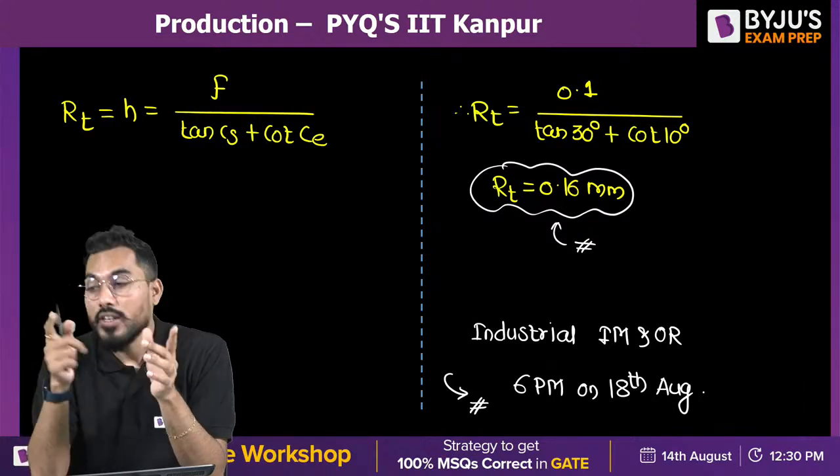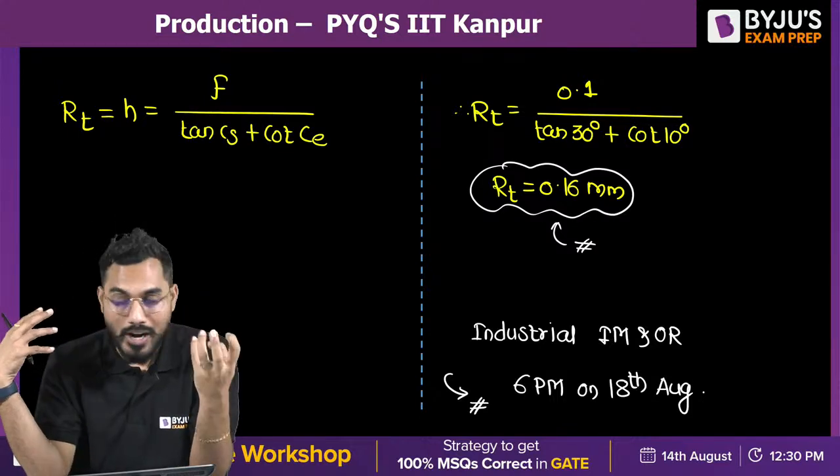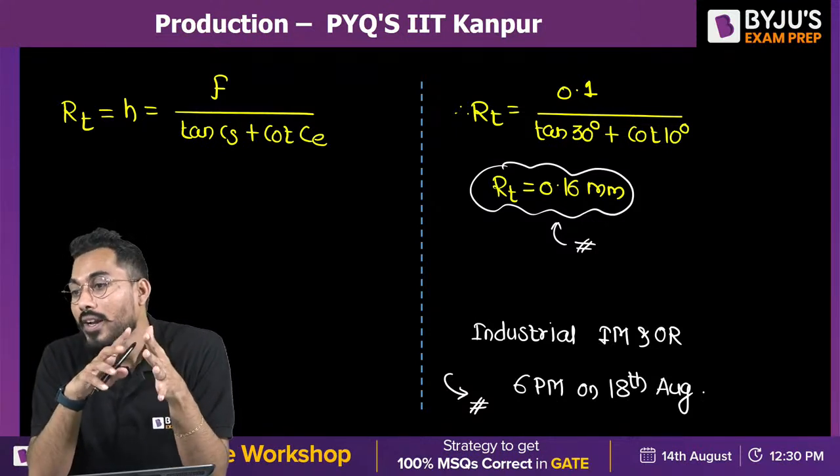Allowance is nothing but the difference between the maximum material limits of the assembly system. Assembly means what? One shaft and one hole, and each has 2 dimensions, lower limit and higher limit.